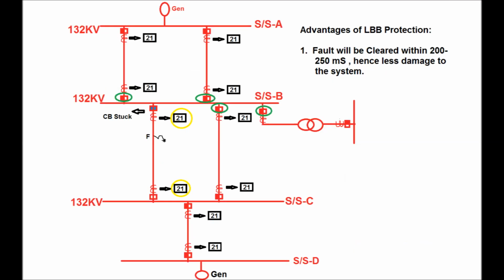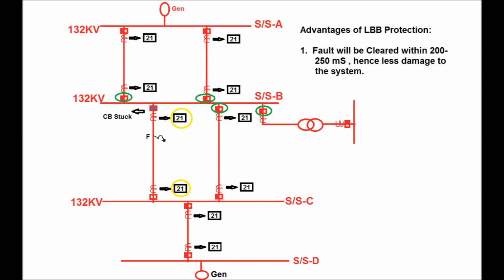So, what are the advantages of using LBB protection? The first and main advantage is that the fault will be cleared within 200 to 250 millisecond, including the breaker time to clear the fault. Hence, less damage will occur to the system. This is the main advantage of using LBB protection.